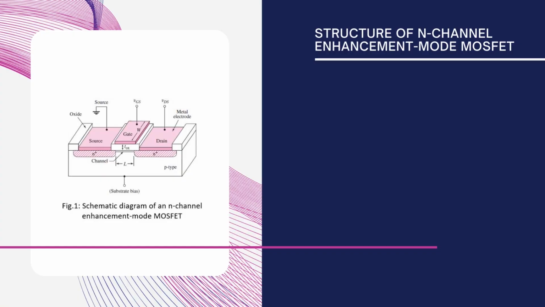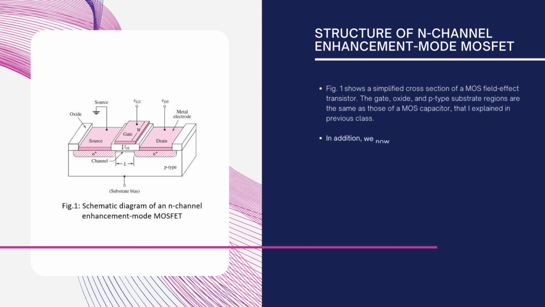Now, moving ahead to the structure of the N-channel enhancement type MOSFET. We will now apply the concepts of an inversion layer charge in a MOS capacitor to create a transistor. Figure 1 shows a simplified cross section of a MOS field effect transistor.